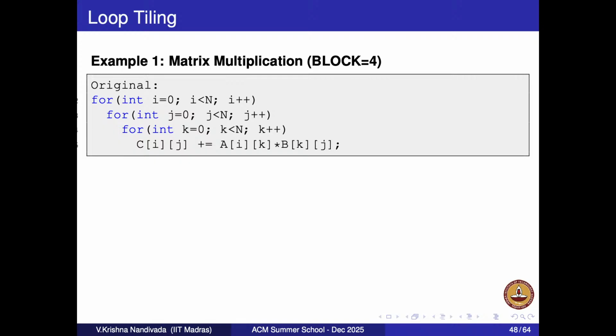What happens in matrix multiplication? Let's say this is the array A, this is the array B. You are taking one row of A, you are looking at one column of B, you are multiplying this plus this plus this, this plus this and so on, right?